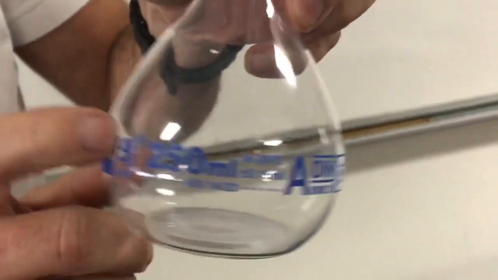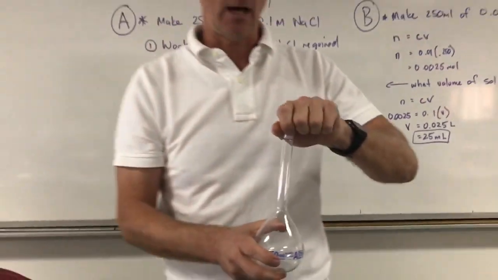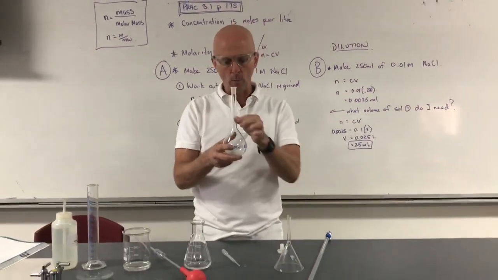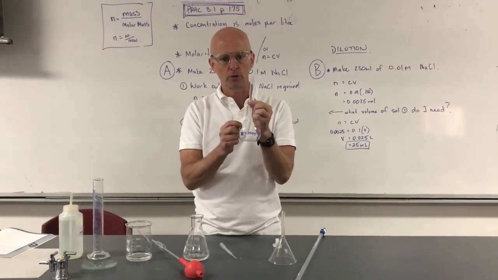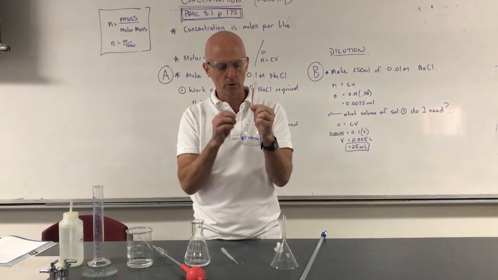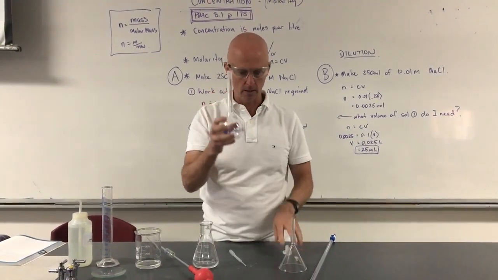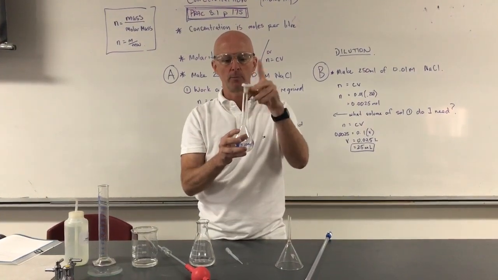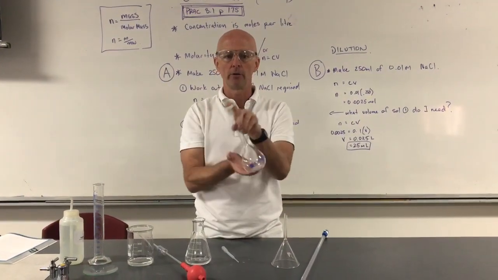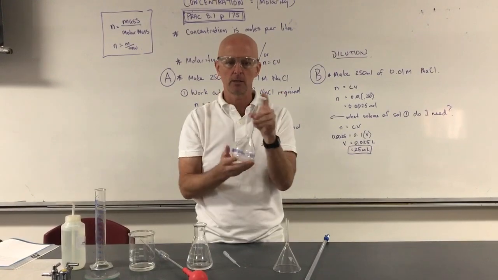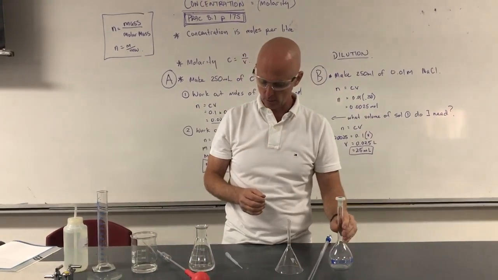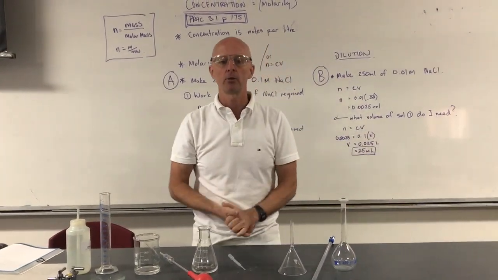This is a 250 mil volumetric flask, and when we're trying to make solutions of accurate concentration, which we'll do in a prac or two, that is where we store those. Okay. And once you make that, you mix it, you put that little lid on, you invert it 3 times to make sure it's fully mixed, and then there you have a nice accurate piece of volumetric glassware.